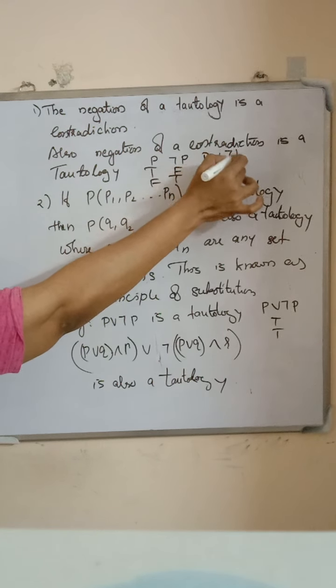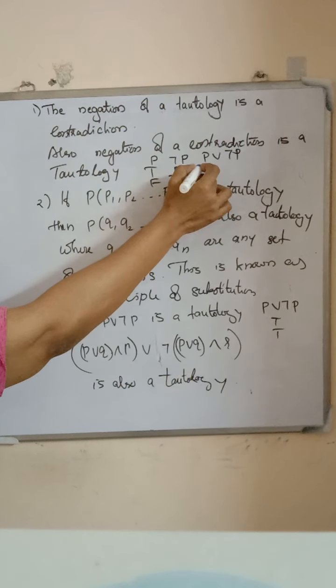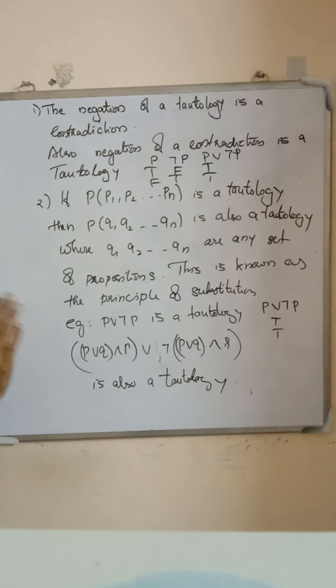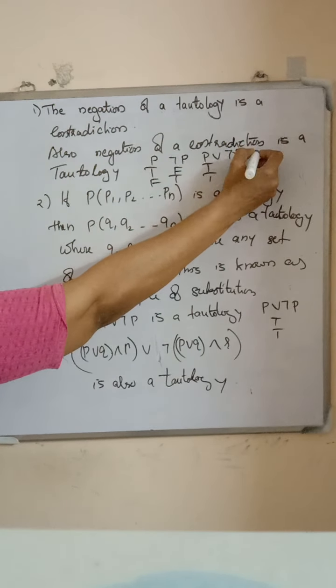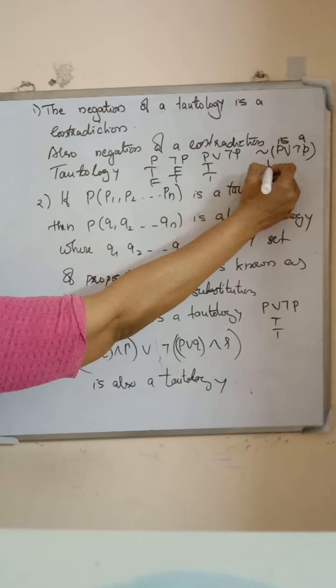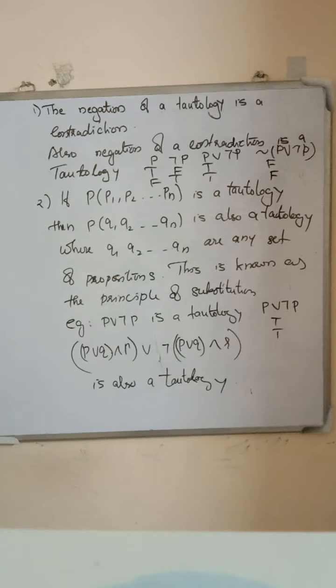Then P or negation P is true, so P or negation P is a tautology. What about the negation of P or negation P? It's definitely a contradiction. So the negation of a contradiction is a tautology and the negation of a tautology is a contradiction.